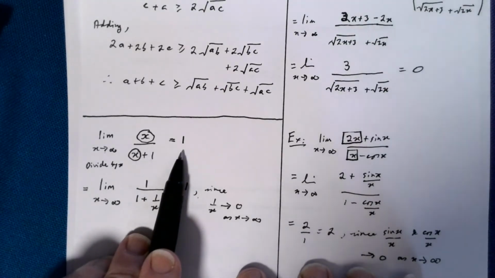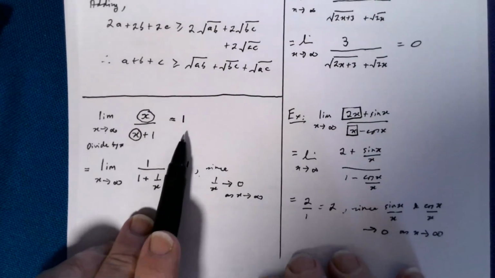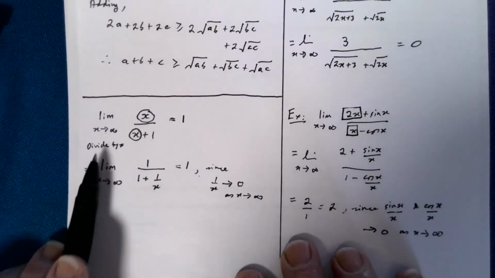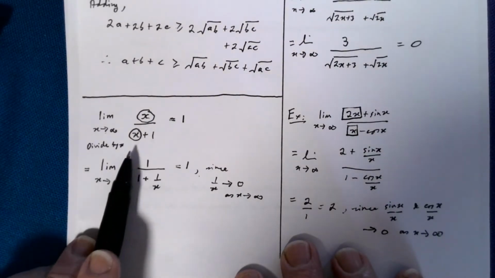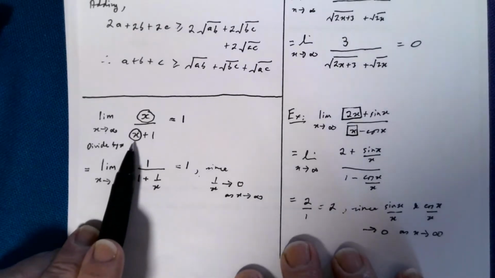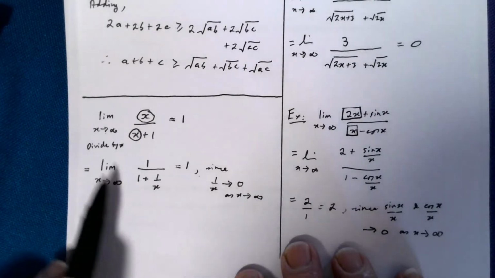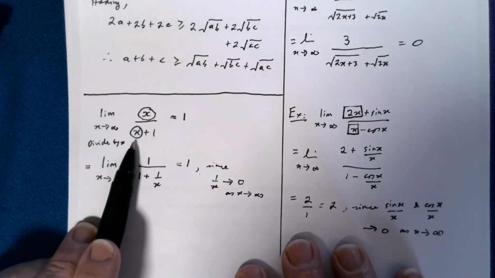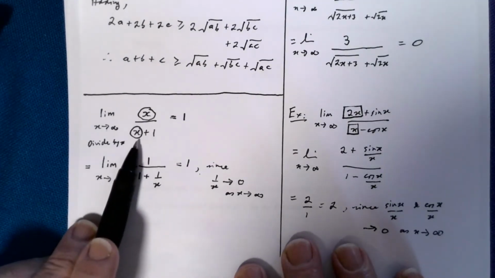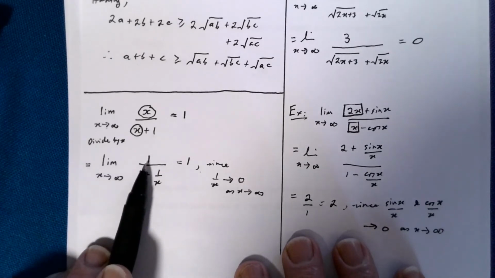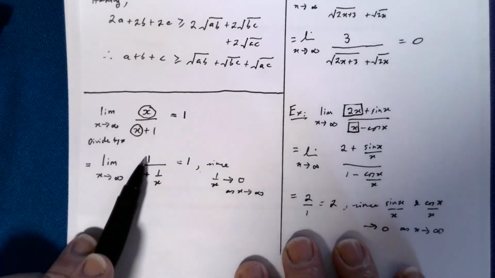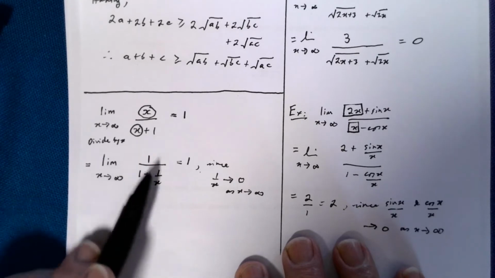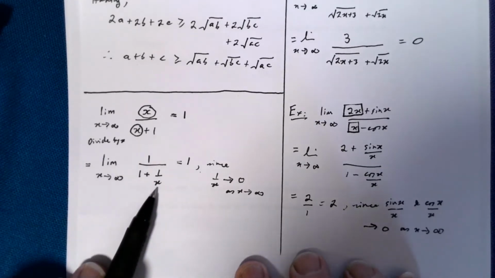Now there's a formal way of writing that out, and that is we're going to divide top and bottom by the highest power of x in the denominator, which is x. So I'm going to divide the top and the bottom by x. Whatever you do to the top, you can do the same thing to the bottom. So I divide by x. So x over x is 1, x over x is 1, and then 1 over x is just 1 over x.